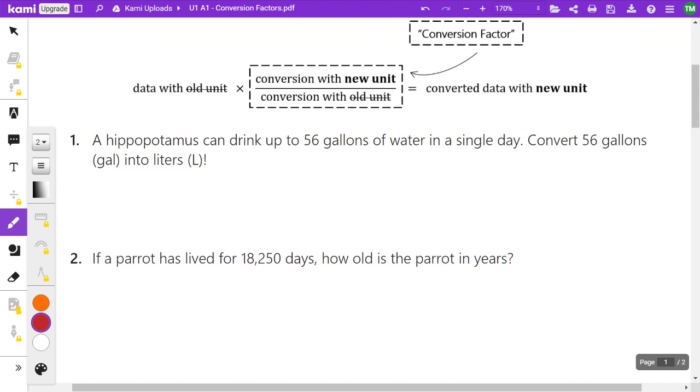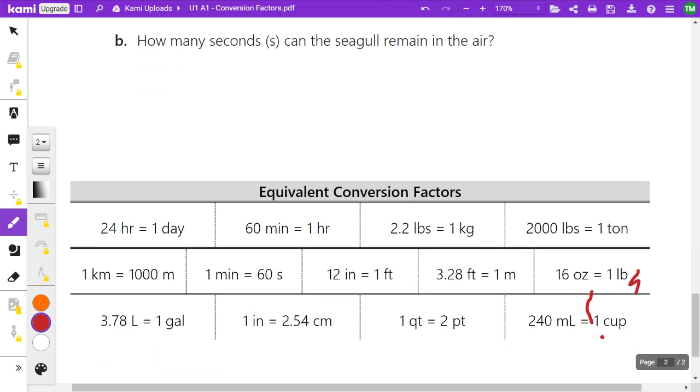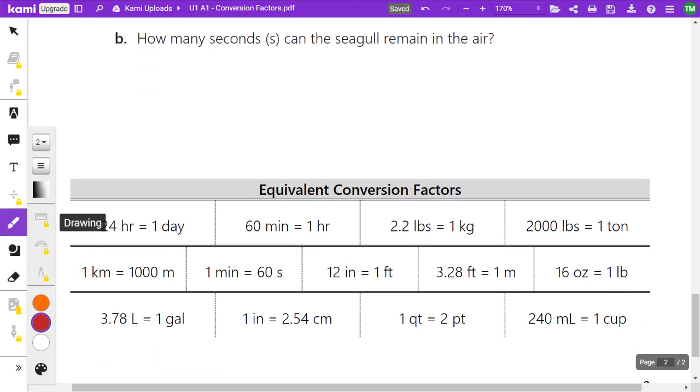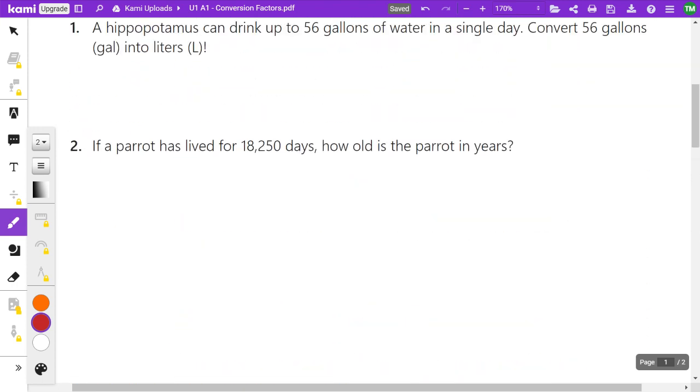Now, I have conveniently collected a bunch of conversion factors down here at the bottom, where we have 3.78 liters being equivalent to 1 gallon. I'm going to come back up here and rewrite that conversion factor so I have it for later.